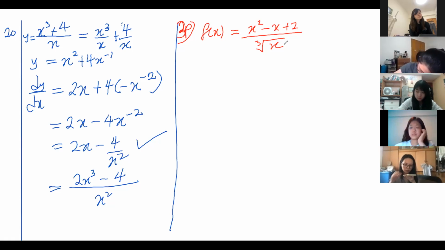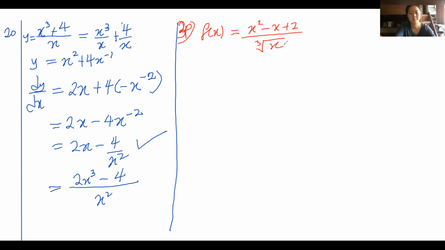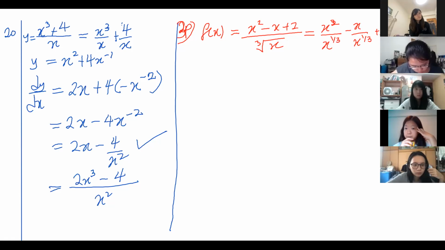So this can now be further simplified as x squared divided by x to the power 1 over 3, x divided by x to the power 1 over 3, plus 2 divided by x to the power 1 over 3. I hope you're listening. Okay, so I'm still dealing with my function. I have not started the differential coefficient or the gradient function of f.